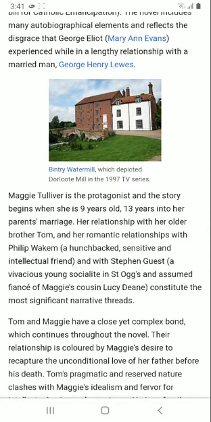Maggie Tulliver is a protagonist of the play. When the story starts, she is 9 years old, ma. And her parents are a 13 years married couple.